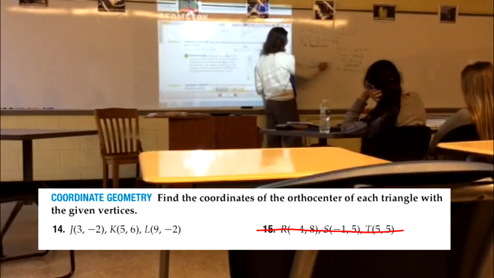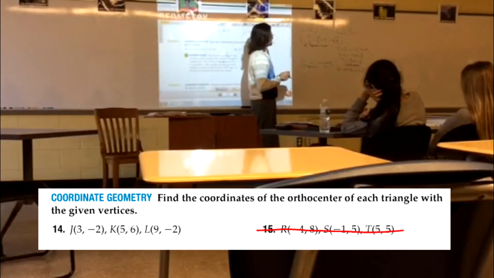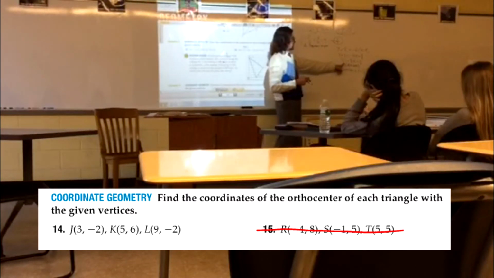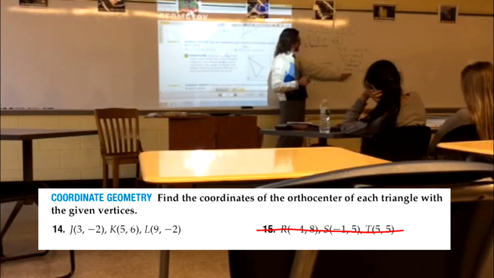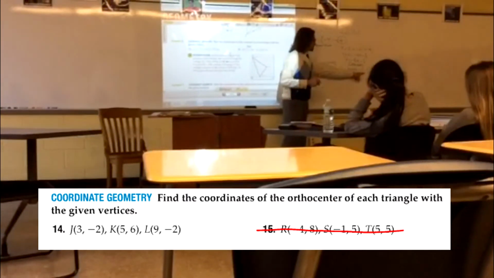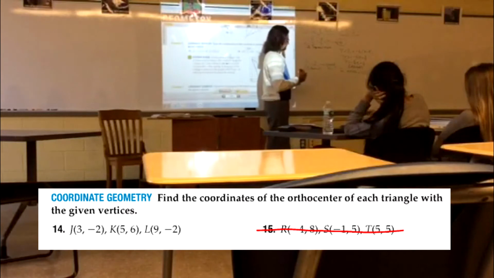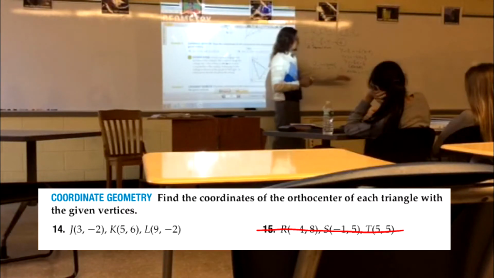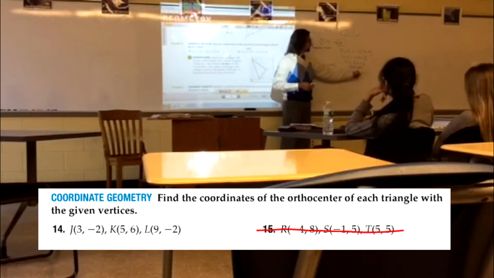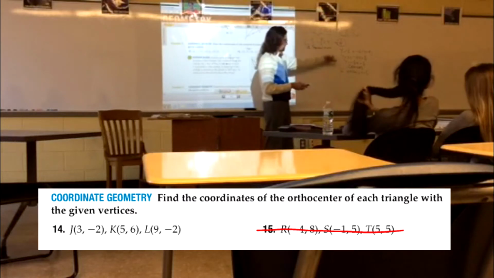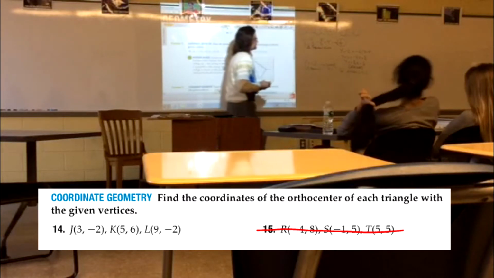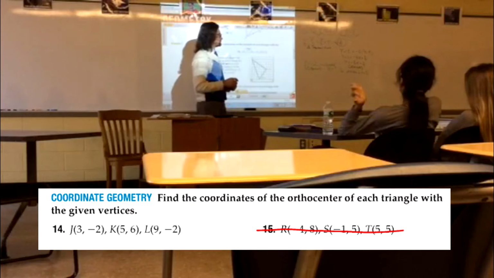Oh, this is the segment, here's your slope. We needed to come up with the altitude equation we did here. I didn't come up with the altitude equation over here. Your altitude equation is 5. So now we can use our 5 and find the intersection of y equals blah, blah, blah, and x equals 5.